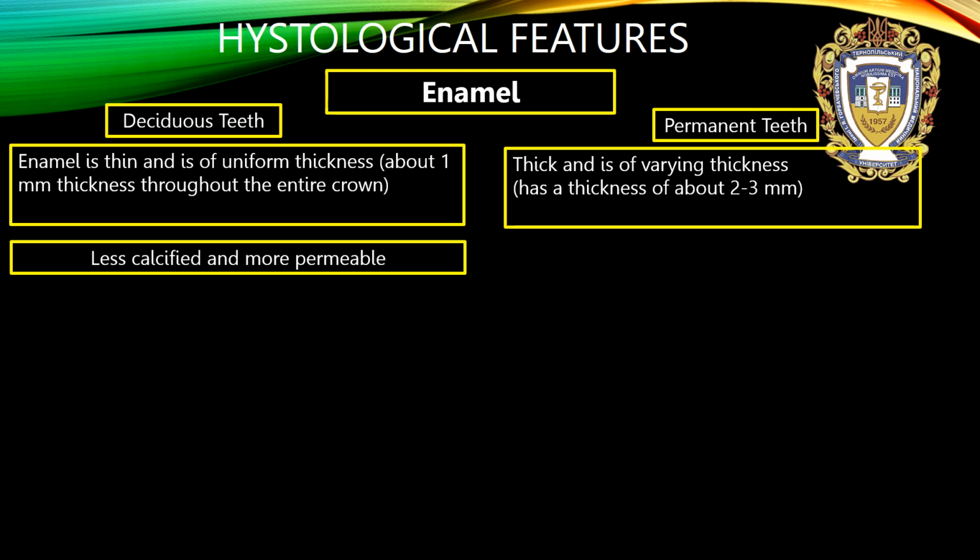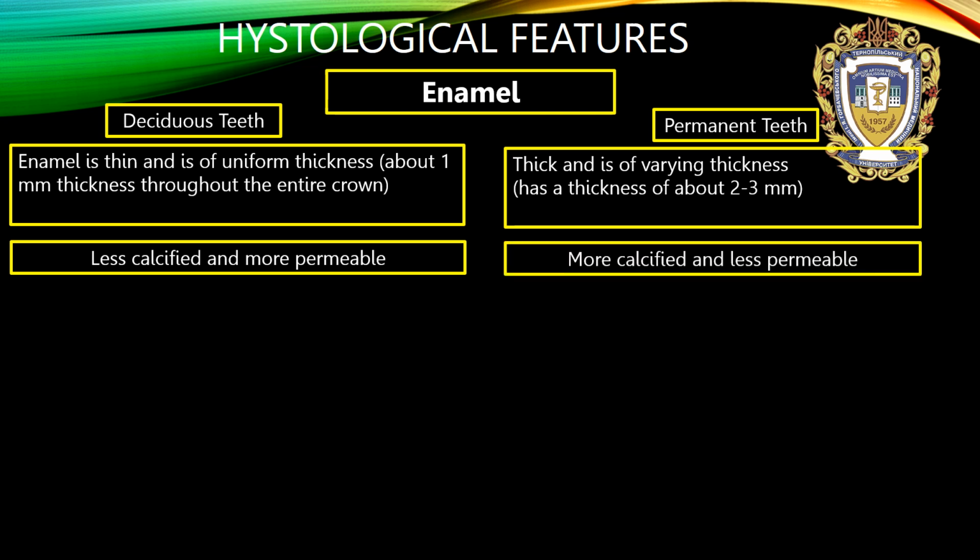In temporary teeth, enamel is less calcified and more permeable. In permanent teeth, more calcified and less permeable.